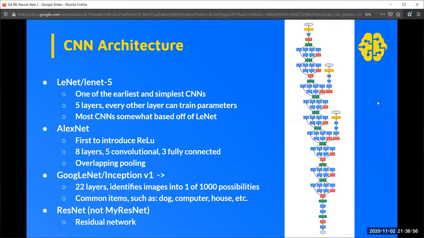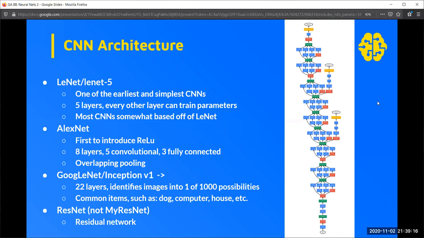It's called LeNet or LeNet-5 because there are 5 layers. Most of the CNNs are based off of LeNet. It was a big thing during that time.